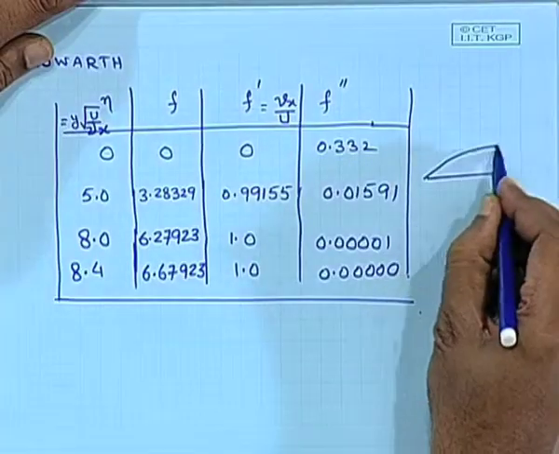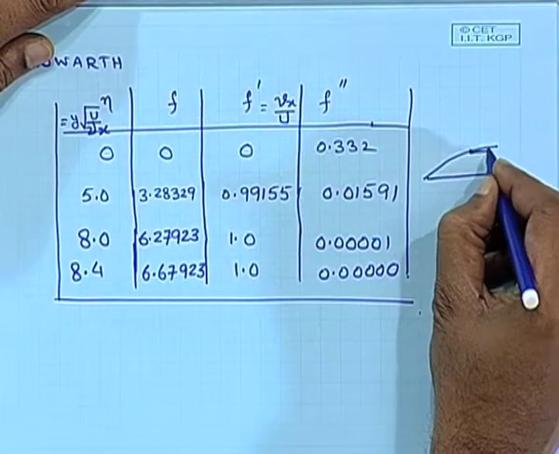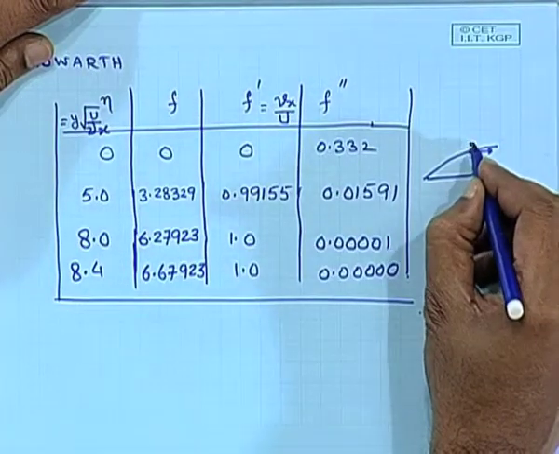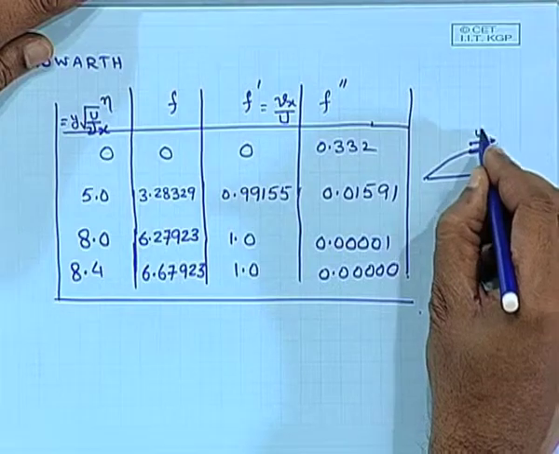using this numerical result, first of all, can we define the edge of the boundary layer? The edge of the boundary layer is the point where the velocity in the x direction is equal to the velocity of the free stream.